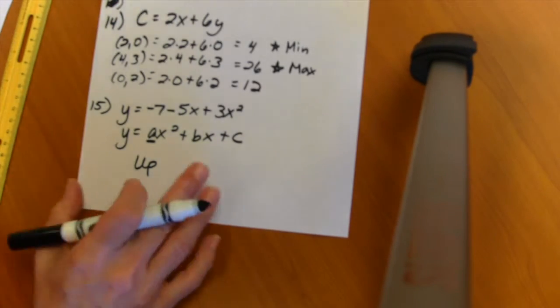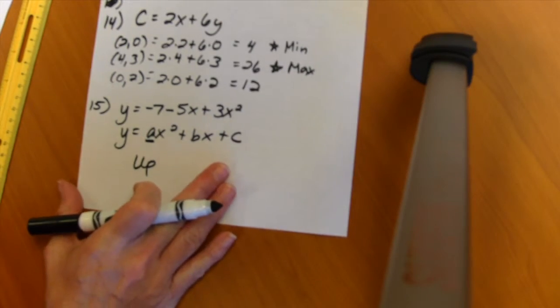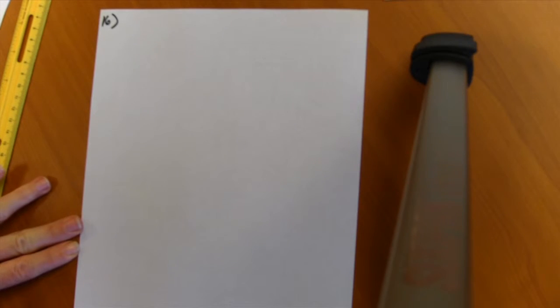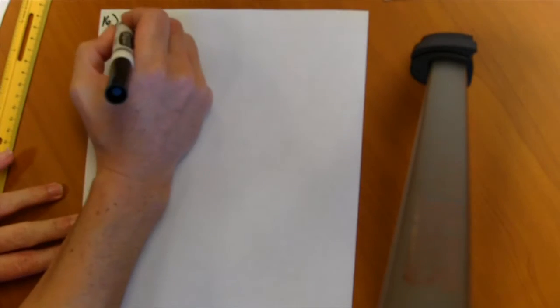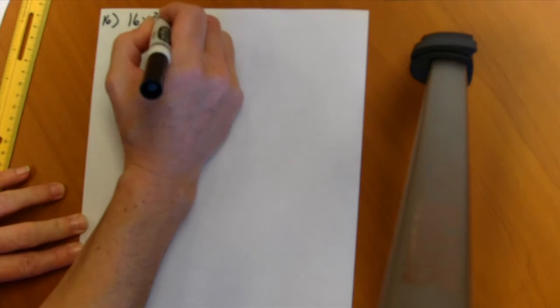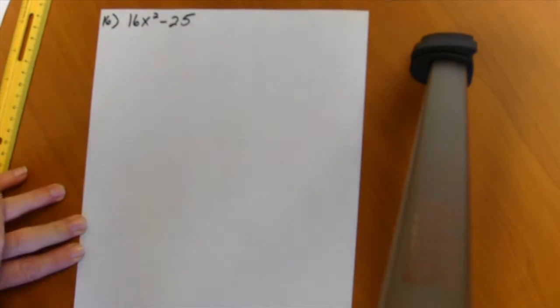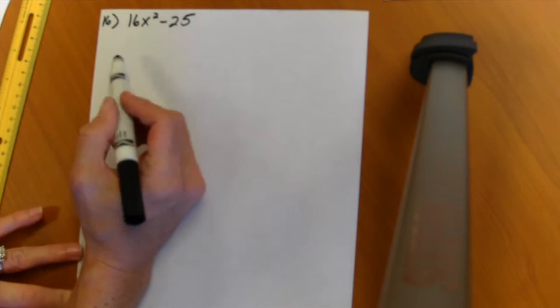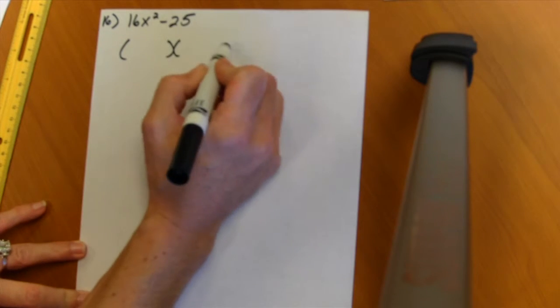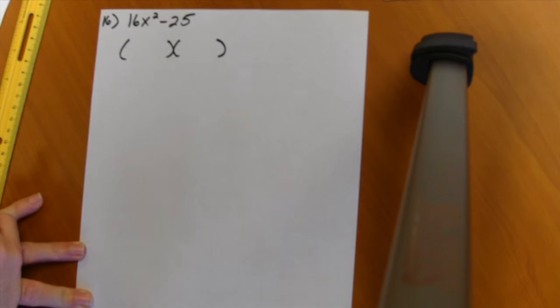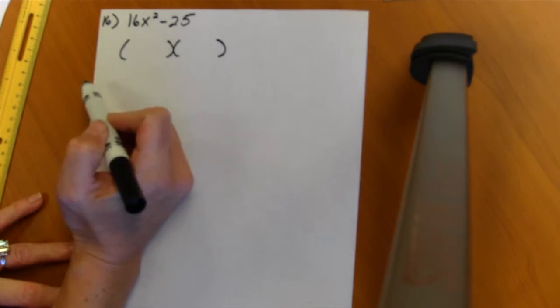All right, moving on to number 16. Factor. So, difference of squares. Please refer to your half sheet on factoring. There is no GCF. We simply say 2 terms, the square root of each.